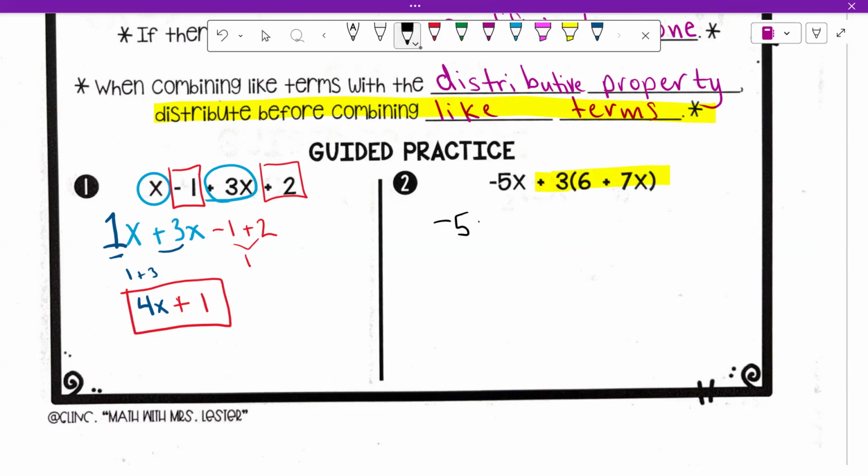I'm just going to keep on writing it until I actually get to my combining like terms. Don't want to do that yet. Okay, so negative 5x. And then I'm going to take my positive 3 and multiply it by 6. Then I'm going to take my positive 3 and multiply it by 7x. And again, that plus sign. So positive 3 times 7x.